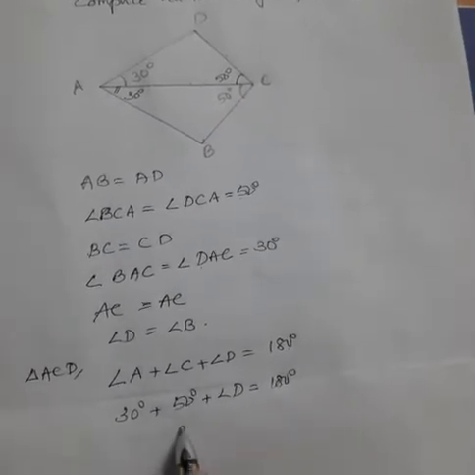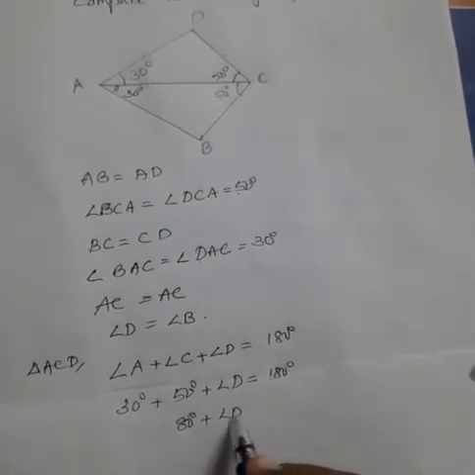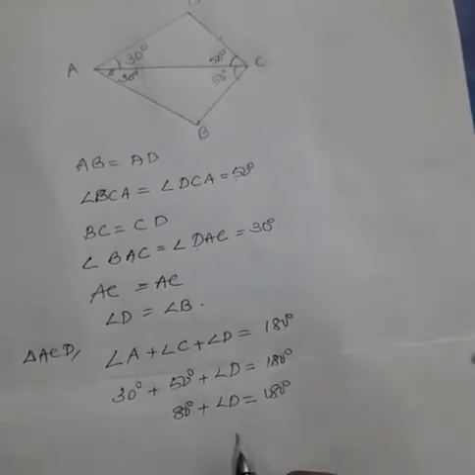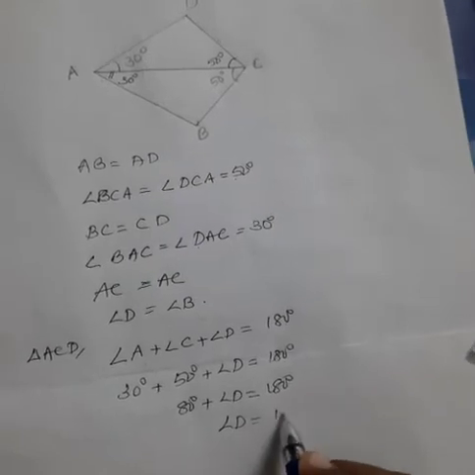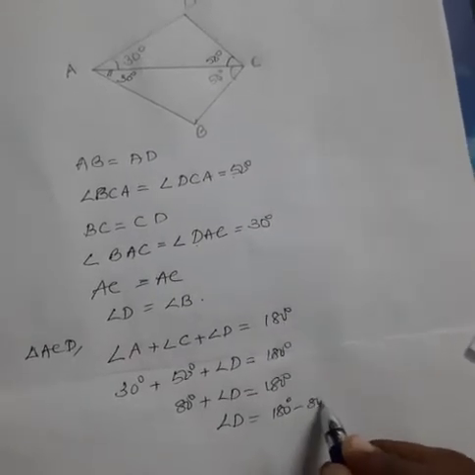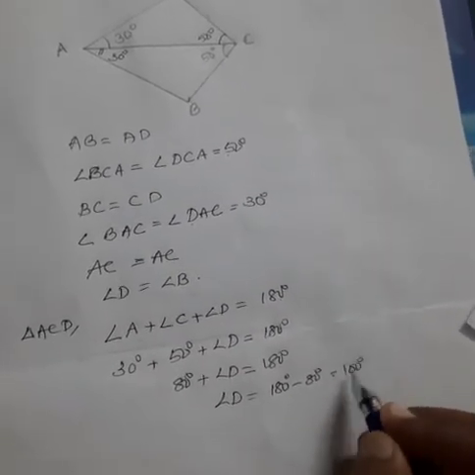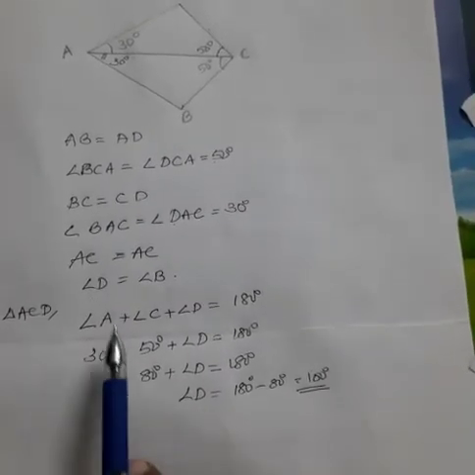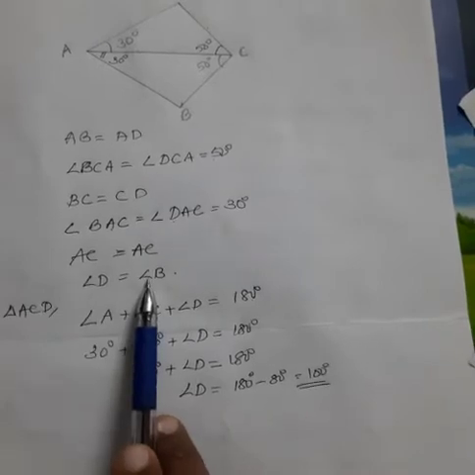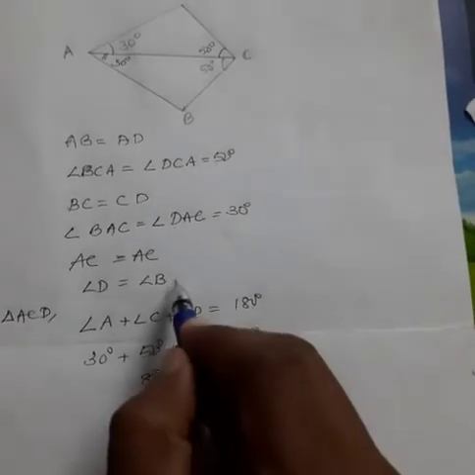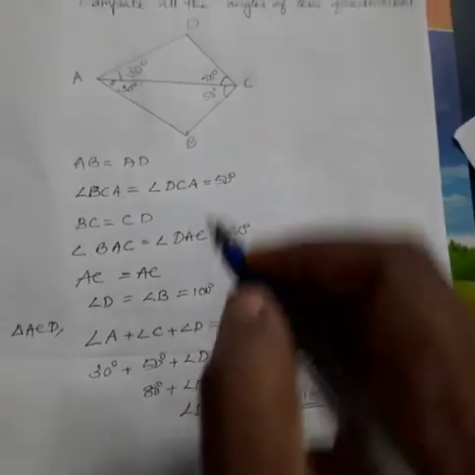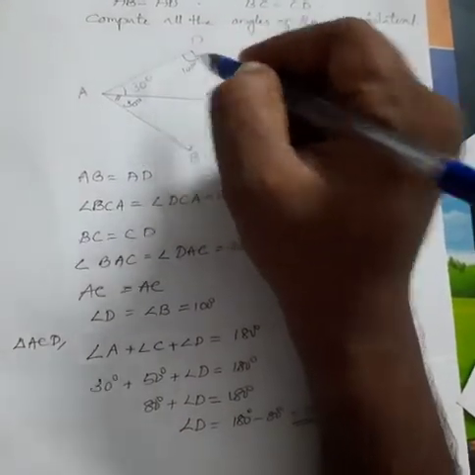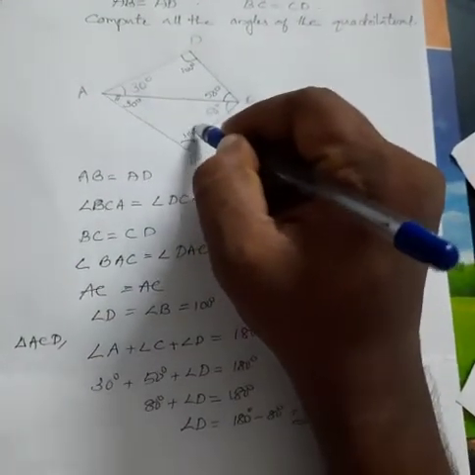So it is 80 degree plus angle D is equal to 180 degree. So angle D is 180 degree minus 80, it is 100 degree. Then angle D is equal to angle B, so we can write this angle as 100 degree. So this is 100, this is also 100 degree.